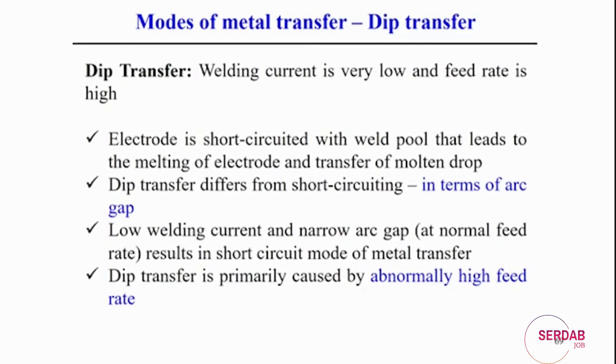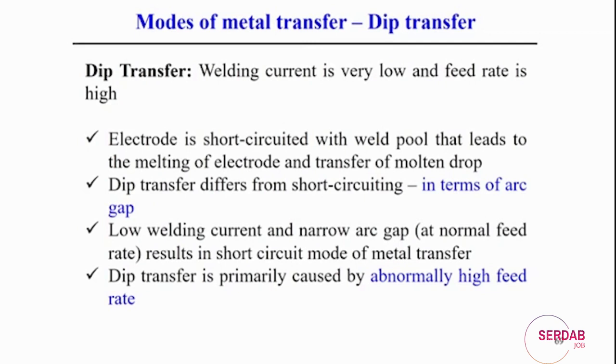So, dip transfer is also similar to the short circuit mode of metal transfer, but it is generally observed when the feed rate, the moving of the electrode, is very high, as compared to the short circuit transfer, because short circuit metal transfer is generally observed at normal feed rate, but in this case the feed rate is very high.